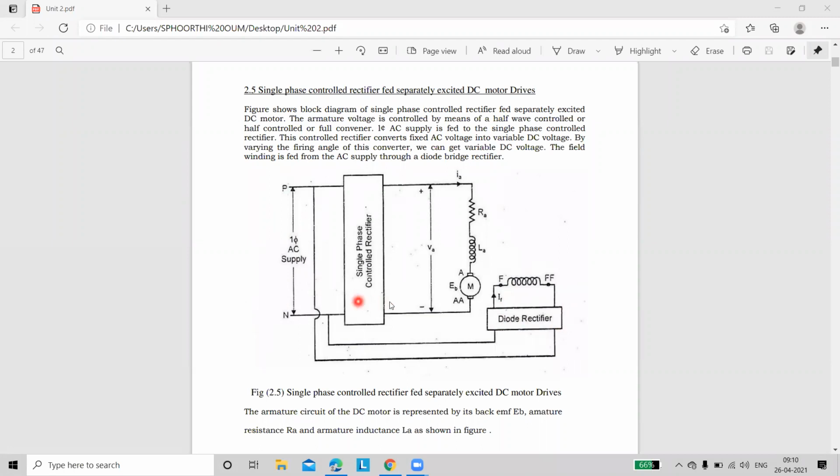Listen, here we are using two rectifiers. One is a diode rectifier and the second one is a control rectifier. Diode rectifier means it is completely constructed using diodes, whereas control rectifier means control devices are used. In our subject, we are using thyristors, whereas in practical view, we use IGBT or MOSFET, etc.